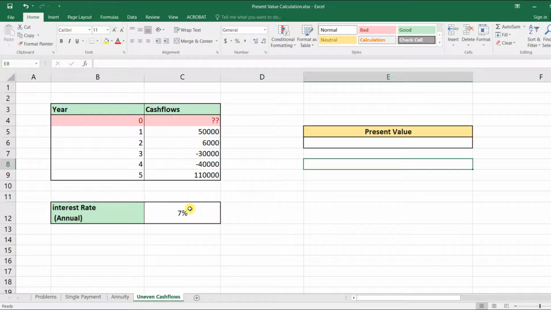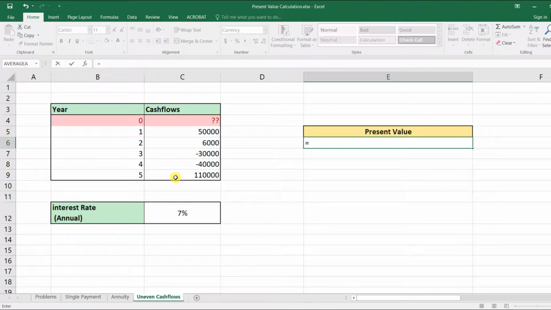So this time we are calculating everything on just annual basis. Now to get the present value this time for uneven cash flows, we'll be using the NPV function. So press the equal sign and get the function, and you'll see that the first parameter is the rate. The annual interest rate is 7%.